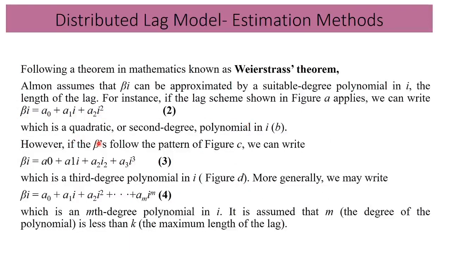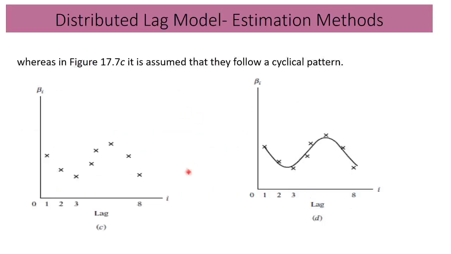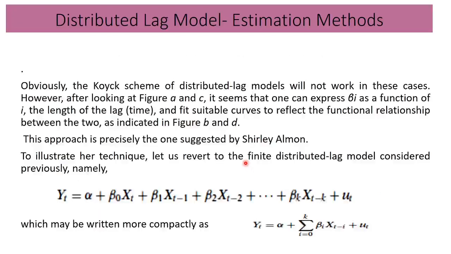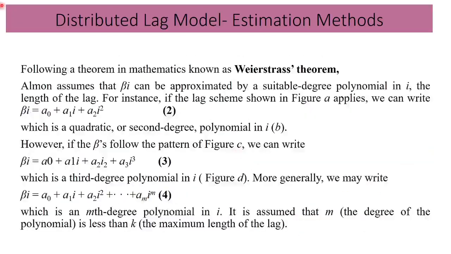Or if beta follows the pattern in figure C, that is if it is like this, then we can write beta i as a0 plus a1 i plus a2 i square plus a3 i cube, which is a third degree polynomial.